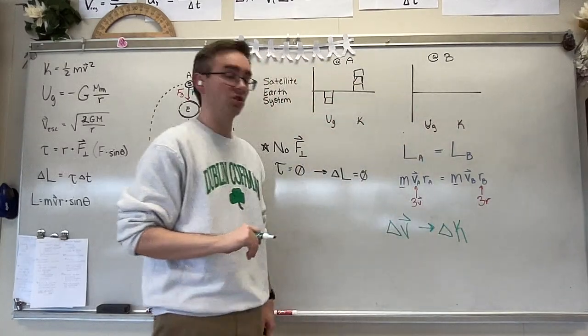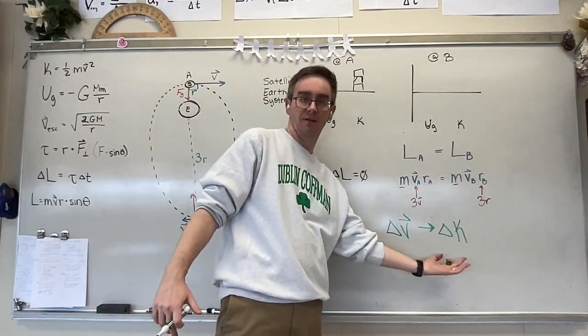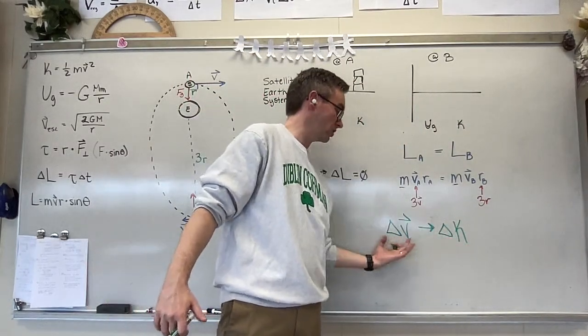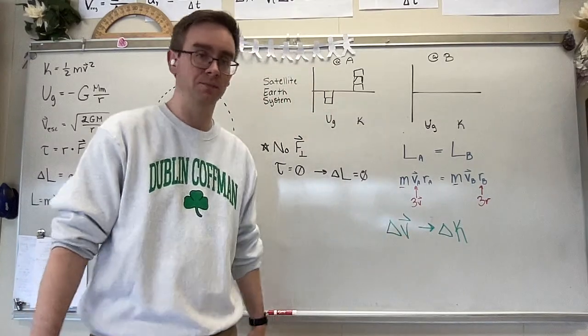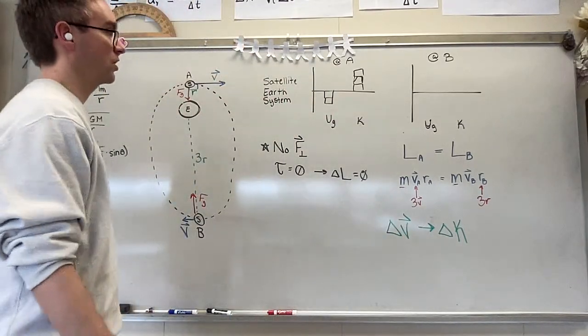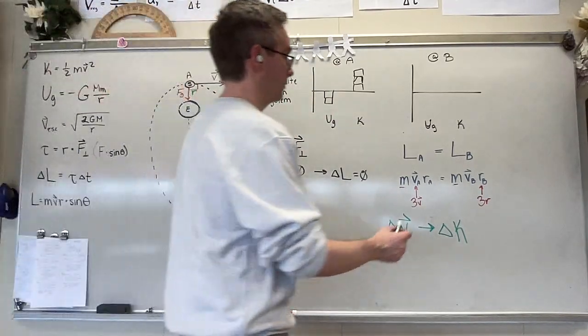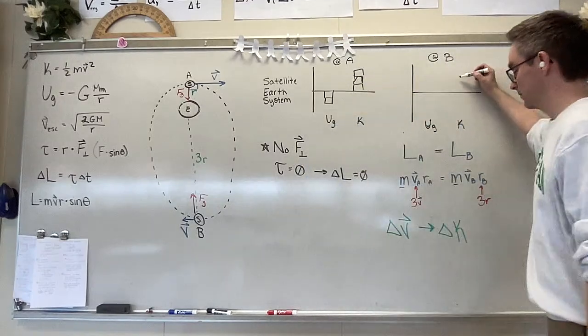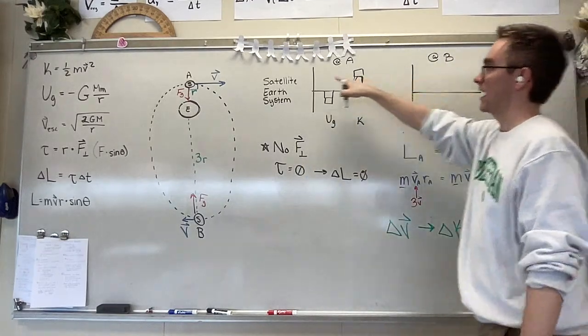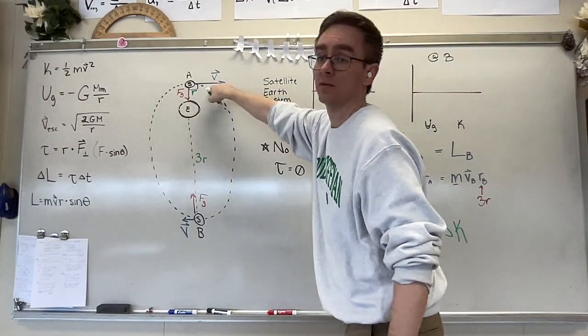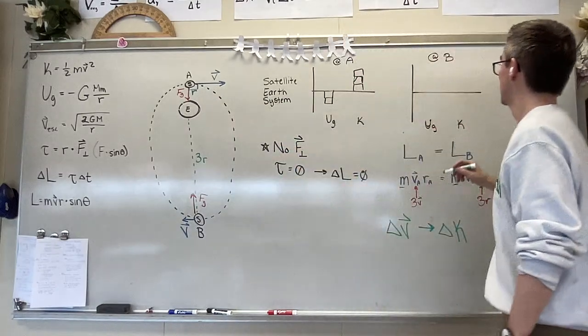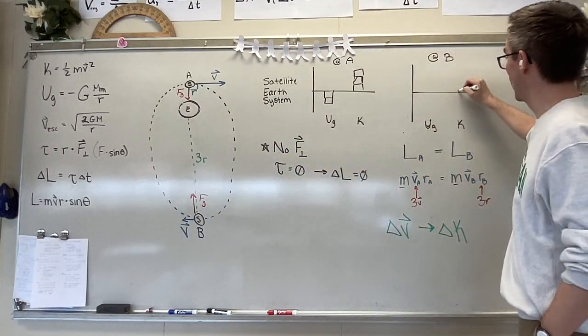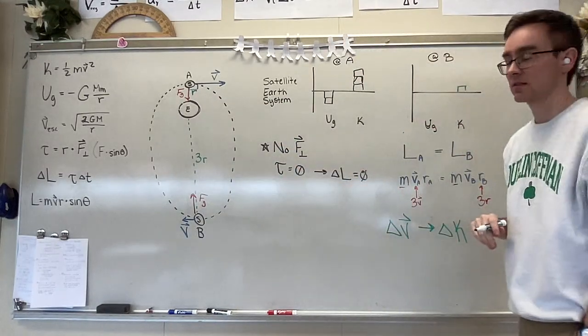Remember, kinetic energy is dependent on v squared, which means if we have a change in kinetic energy, we could look at that back up here, right? We had the velocity at A, we had 3 blocks because it was going really fast. That means down here it's probably going to have fewer blocks.